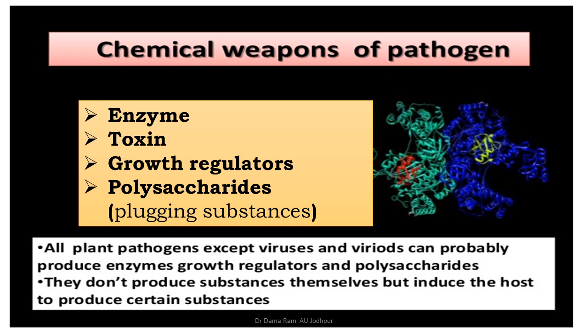And growth regulators are actually hormones that act on the cell, either increasing or decreasing its ability of cell division. We also discussed this earlier: hypertrophy, hyperplasia, atrophy, dwarfing, and so on.